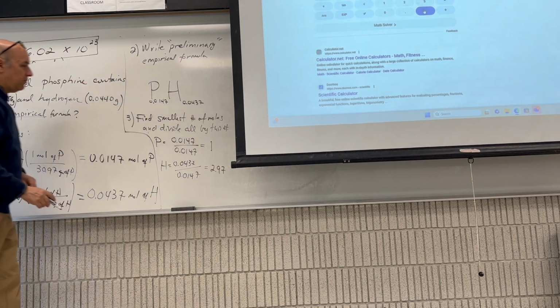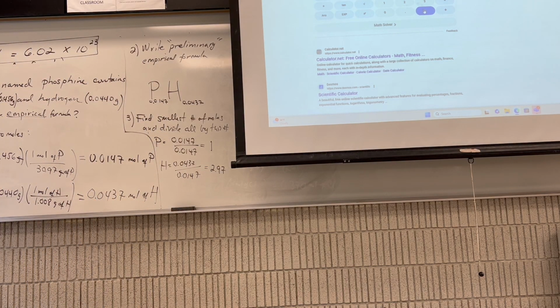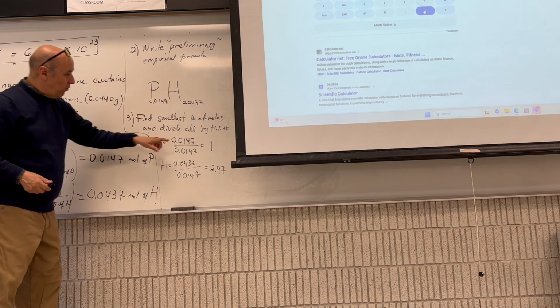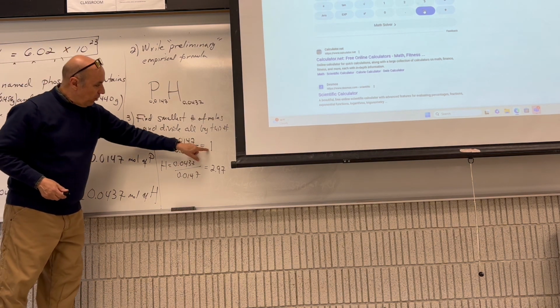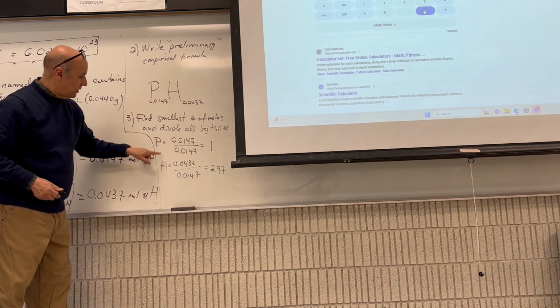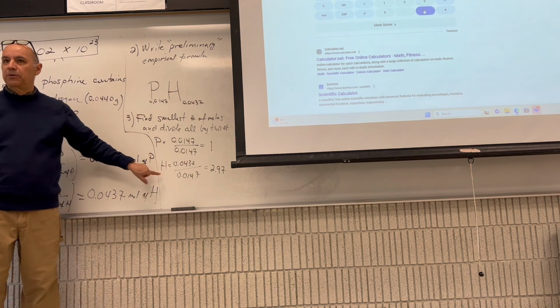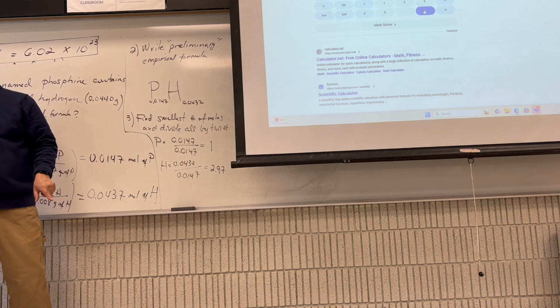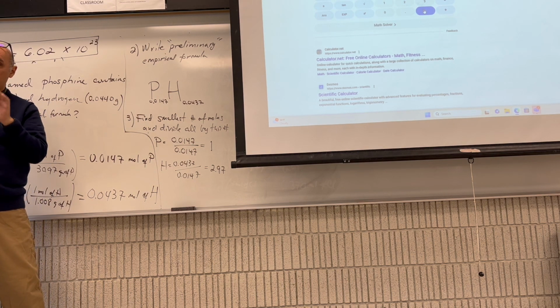Okay, let me leave it with 3 digits there: 2.97. And what do we do next? We're not done. Now we have a whole number integer for the first element, for phosphorus. This one doesn't look like a whole number. 2.97 is not a whole number. However, it's very, very close to 3.